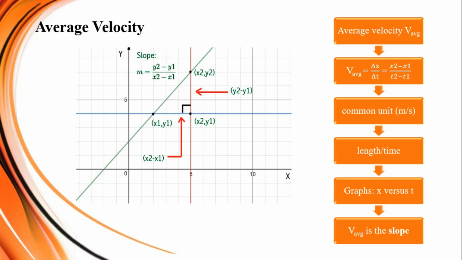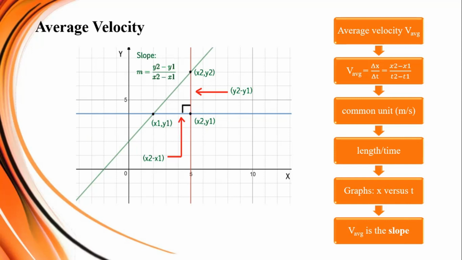On a graph of x versus t, v average is the slope of the straight line that connects two particular points on the x-t curve. As you can see in the figure, one is the point that corresponds to x2 and t2, and the other is the point that corresponds to x1 and t1.